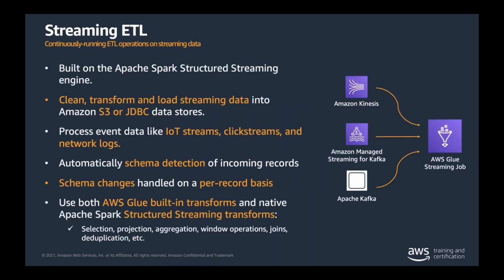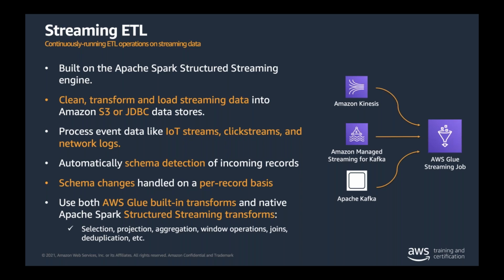And a third and more dynamic option to run jobs in Glue is the streaming ETL jobs. So with the streaming ETL feature, you can create streaming jobs that run continuously, consuming data from streaming sources like Kinesis Data Streams, Apache Kafka, and MSK. And this feature is built on top of the Apache Spark Structured Streaming engine, and it is able to automatically detect the schema of incoming records and gracefully handle schema changes on a per-record basis.